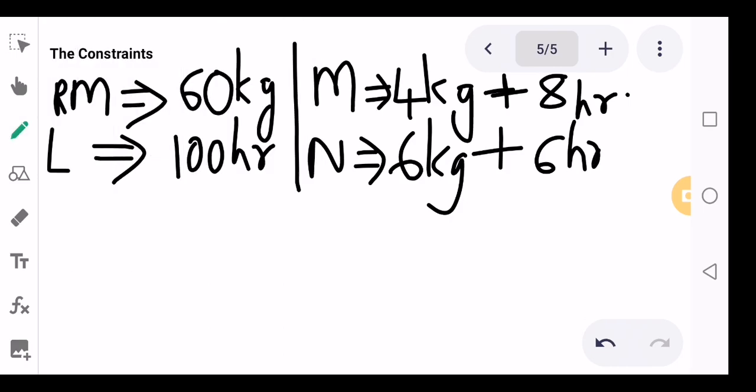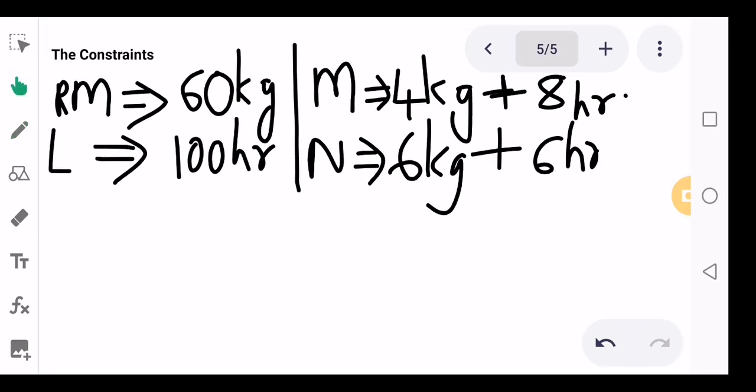Raw material total available is 60 kg, and this 60 kg has to be distributed between product M and product N. Product M requires 4 kg per unit, product N requires 6 kg of raw material per unit. So the equation with respect to raw material is what we are going to form first.